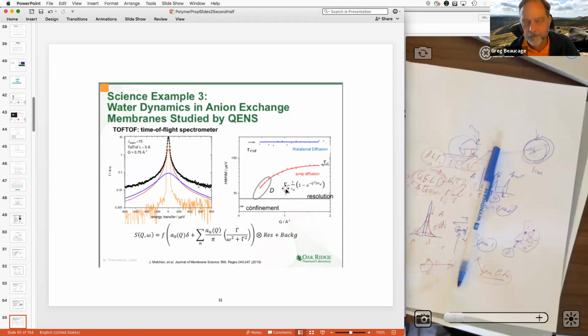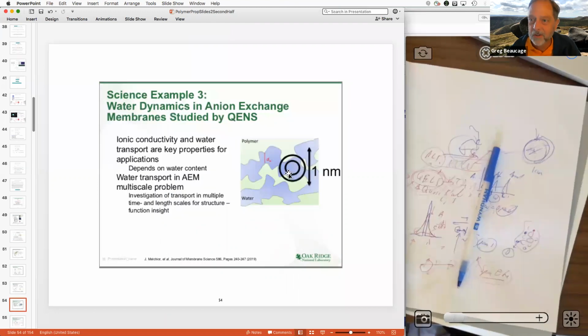the cumulant, this gamma, just like in dynamic light scattering. It's the same term, 1 over tau, right? There's different kinds of motion. They look at rotational, which doesn't change, and translational, which does change. So basically, you're looking at the trapping of the molecules in the pores of this thing.